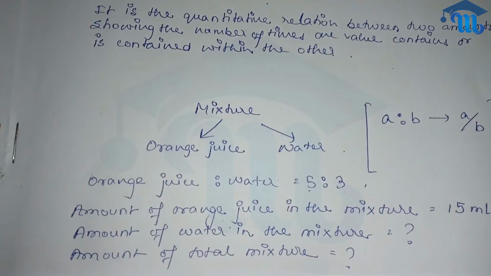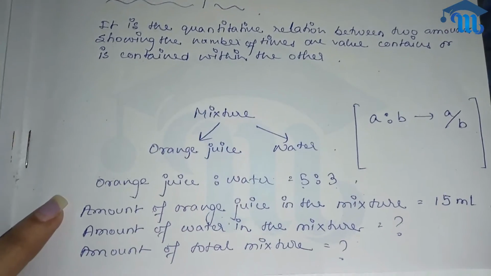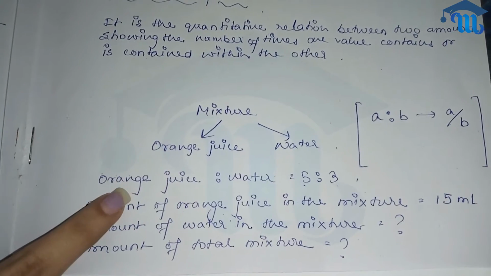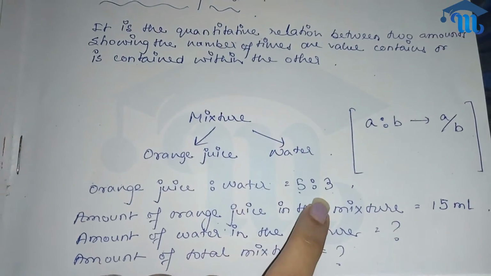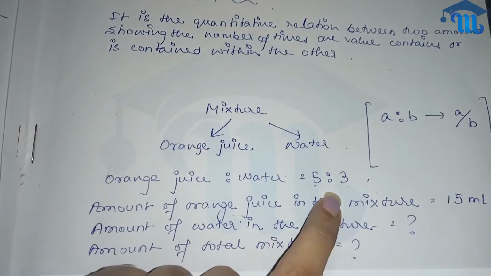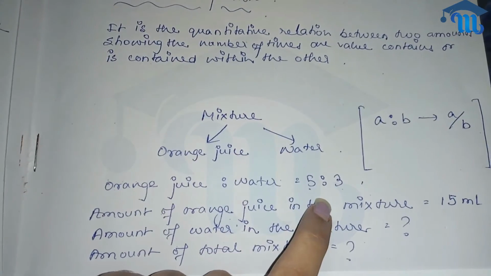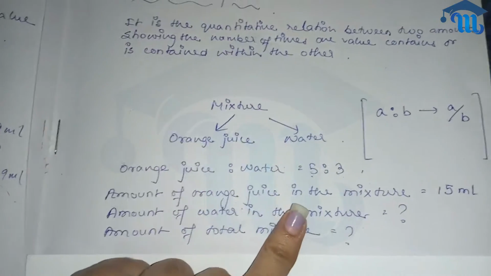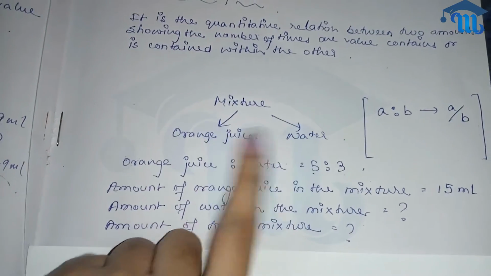So now coming to our example, the mixture of orange juice and water, you are told that the ratio of orange juice to water is 5:3. In the mixture, the amount of orange juice is to the amount of water as 5:3. Now, how do you find the quantities?